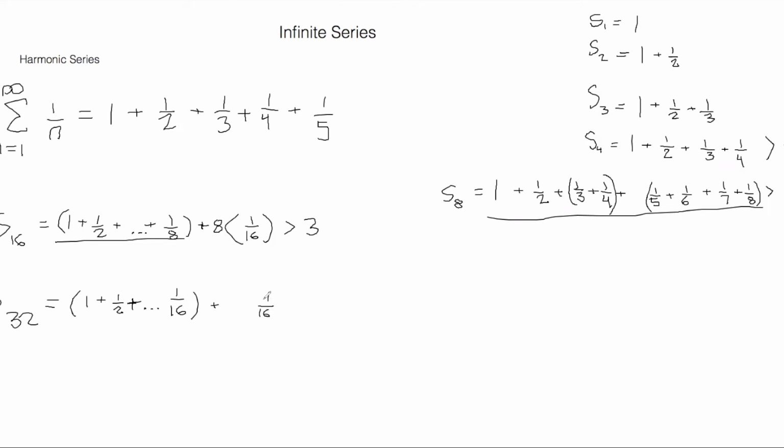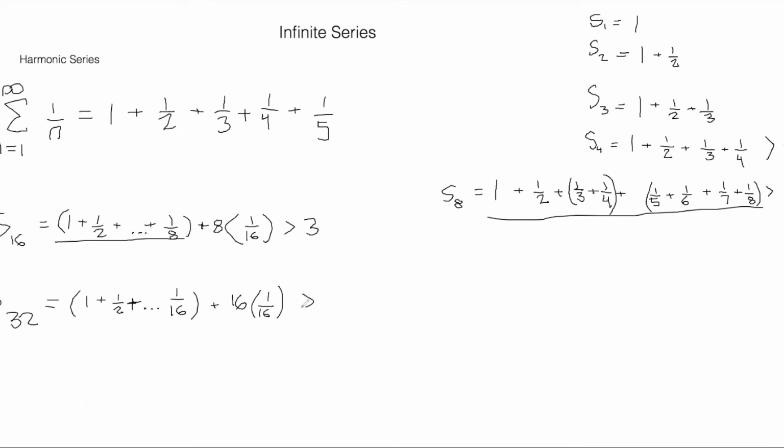How many do we want though? Let's figure that out. So we want to replace 1/17, 1/18, 1/19, 1/20, 1/21, 22, 23, 24, 25, 26, 27, 28, 29, 30, 31, 32. So we're going to have 16 of these that are being replaced with 1/16, which is just a fancy way of saying this whole thing is just going to be 1.